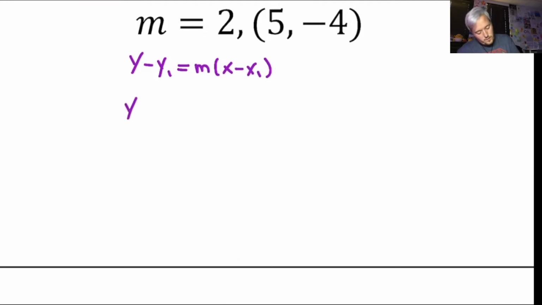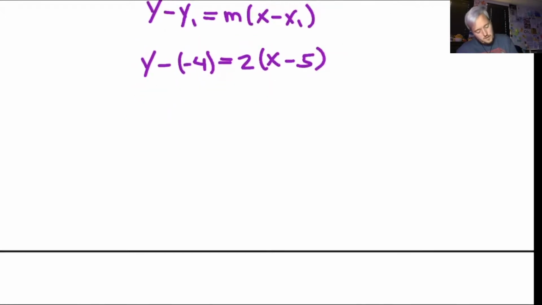I'm going to start with y minus negative 4 equals 2 parentheses x minus 5. I have to simplify first before this qualifies as point-slope form. So I have y plus 4 equals 2 parentheses x minus 5. There is my point-slope form.